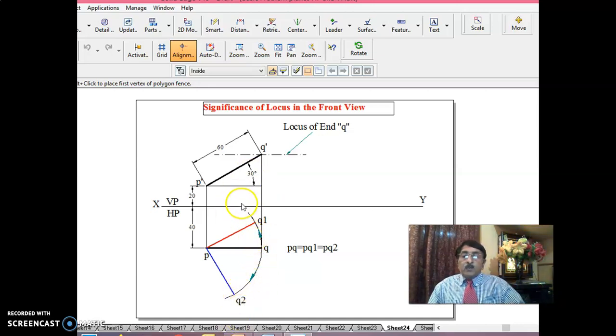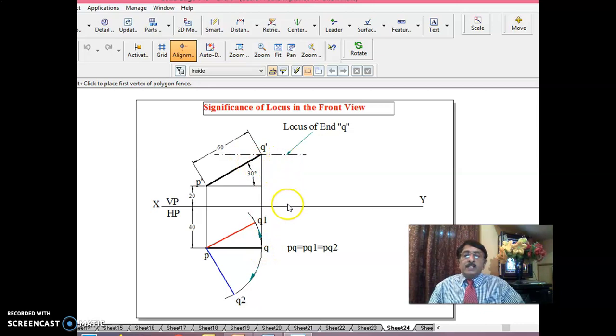But what you should know here is, as long as inclination is kept constant, and if you start rotating the line with P fixed and moving Q, the distance of end Q above HP remains same.